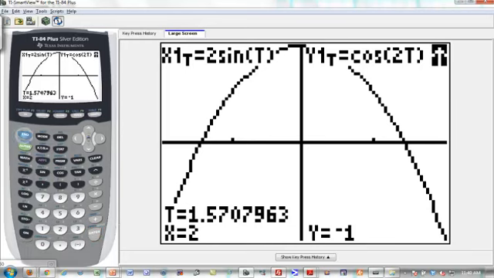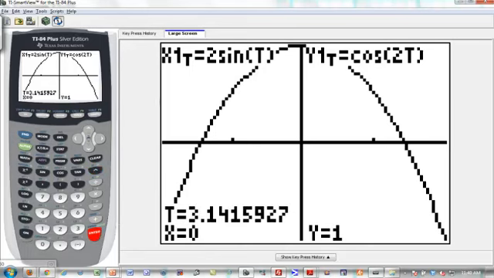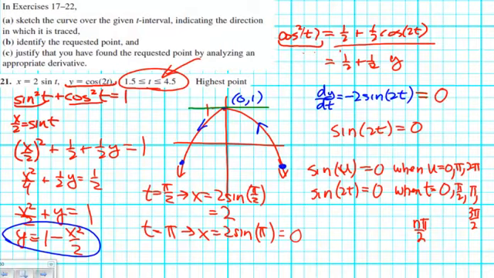Wait a minute. In the original problem, are the values given in values of x or in values of t? Values of t. So what's going on?